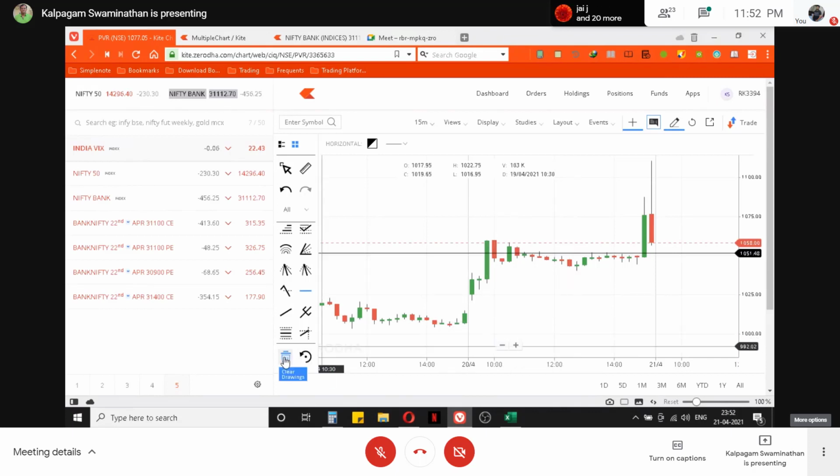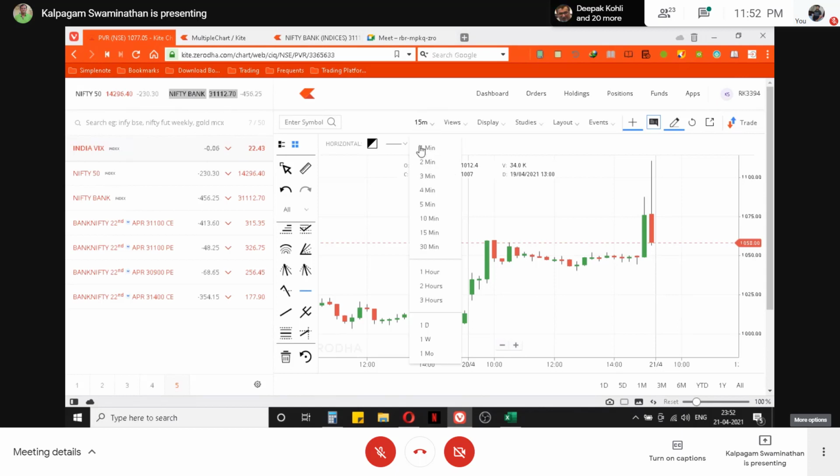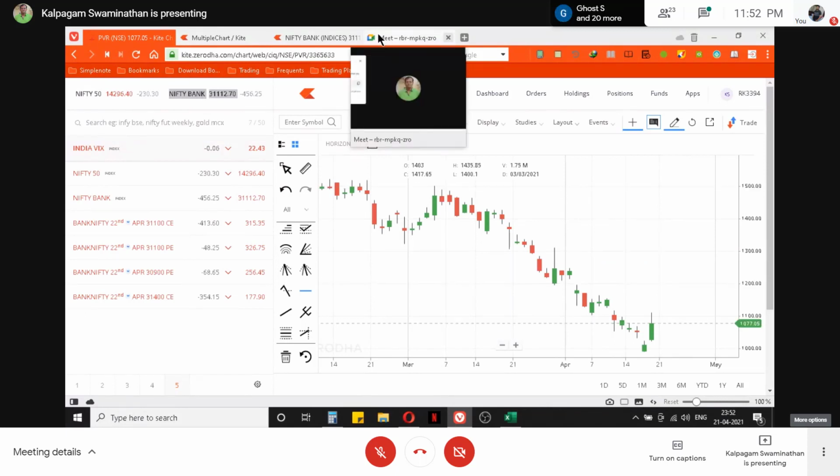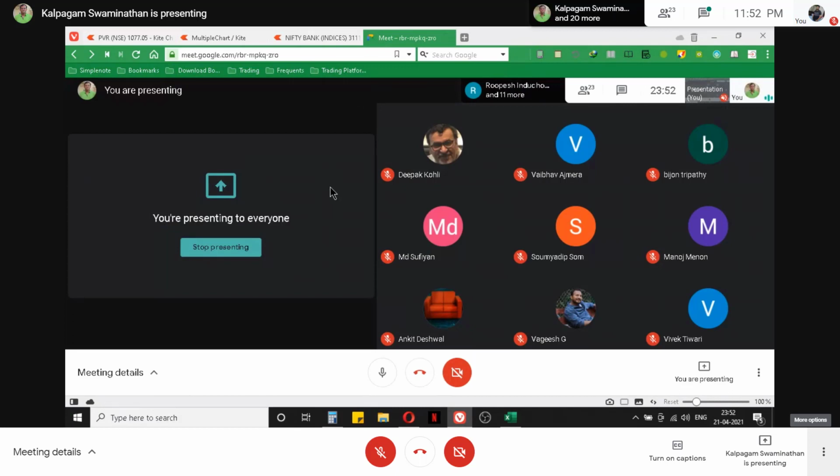It depends on where you enter and where you take your profit. There's no need to think too much about trading. The simpler you keep it, you will find that profit keeps flowing to you automatically. If you try to complicate it, you're going to mess up your trades. You will exit at the wrong place. You will keep your stop loss at the wrong place. All those messes will happen.